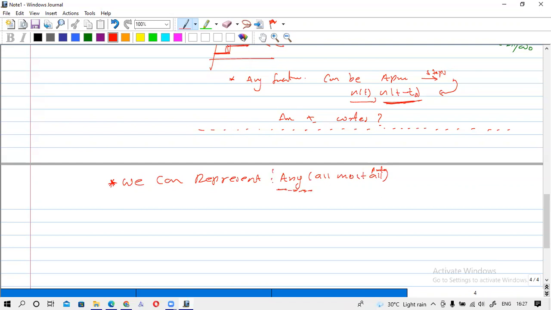We can represent any periodic signal as a combination of sinusoidal signals or complex exponential signals.